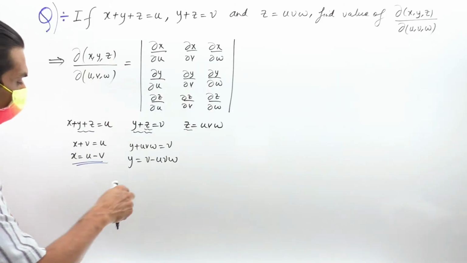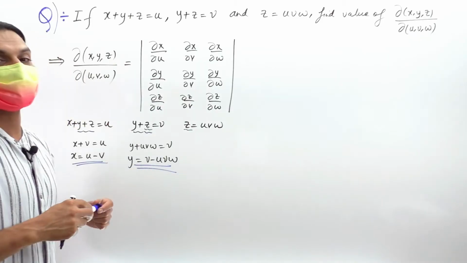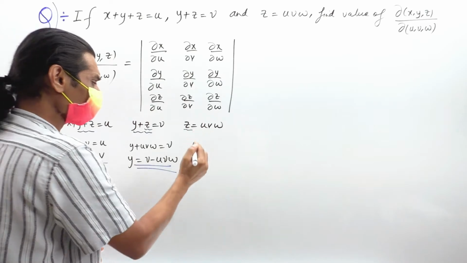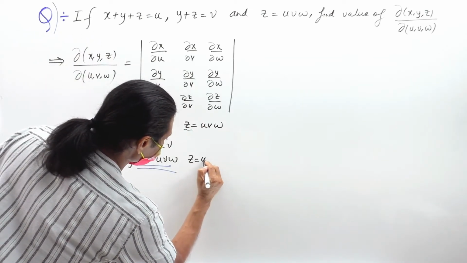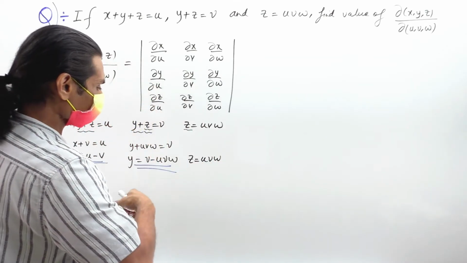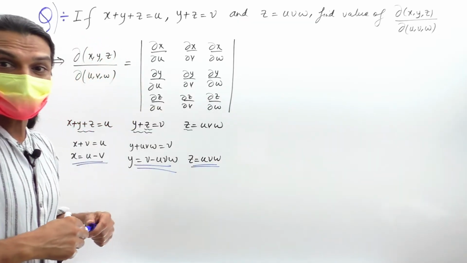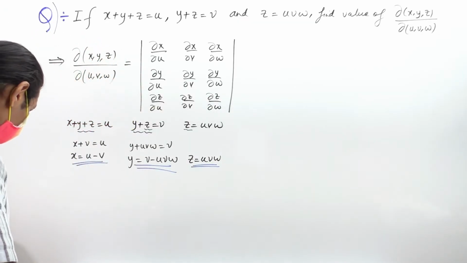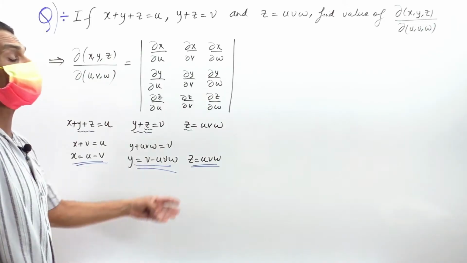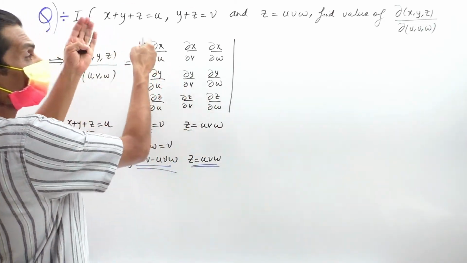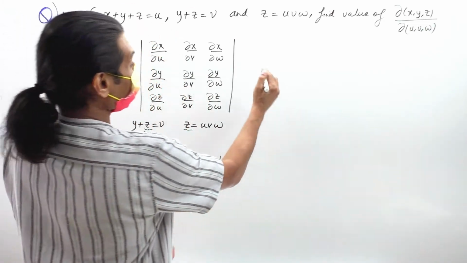Now, beautiful, I have y also in terms of u, v, w, but z is already given in terms of u, v, w. There is no need to do anything for it. So I have these three expressions here. What I require, I have x, y and z in terms of u, v, w. So I can directly fill up this determinant. So I write here itself.